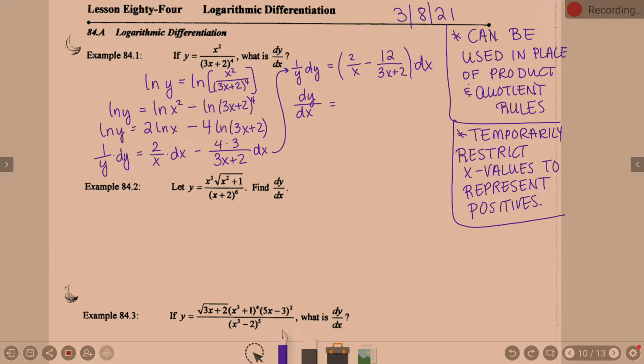So dy stayed. I divided dx to the left. I'm going to multiply the y to the other side. So I have y times what's in the parentheses there: 2 over x minus 12 over 3x plus 2. And we are one step from being done.